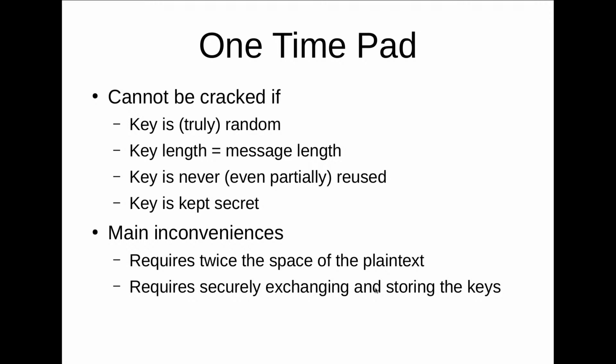And a one-time pad can't be cracked if the key is truly random, because if you add a random number onto any other number, the result is also another random number. Part of the stipulation is that the key length has to be the same as the message length, because if it's not, then you'll start getting repeats, and then that's no longer quite as secure.